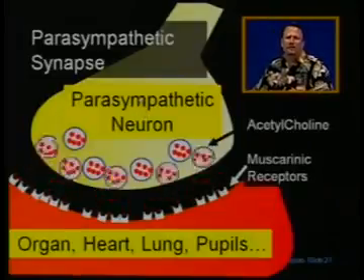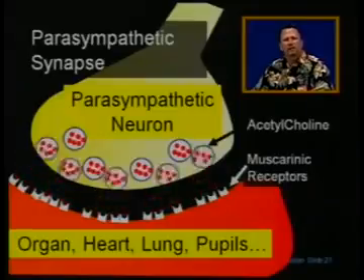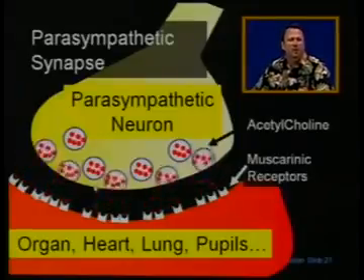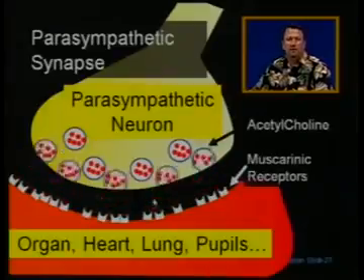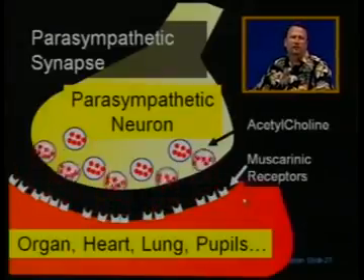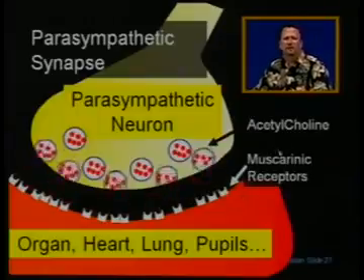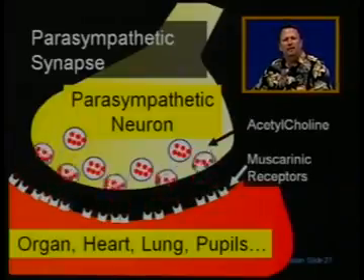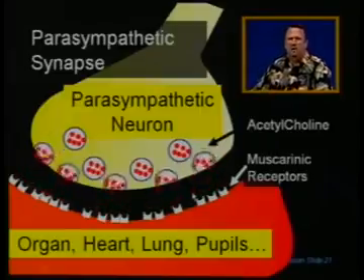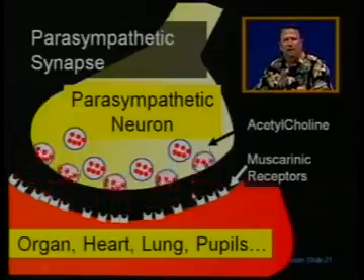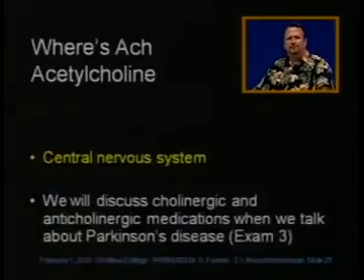We'll talk about those next time. And again, what's being released from that neuron? Acetylcholine. And this is how organs like the heart, the lung, the pupils are signaled by the parasympathetic nervous system. And the receptors are called muscarinic receptors. And we're going to talk more about that in the next lecture.